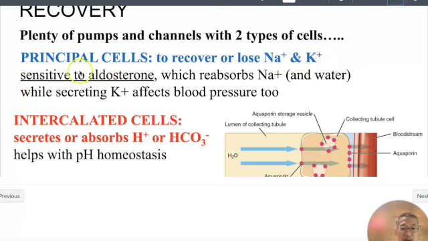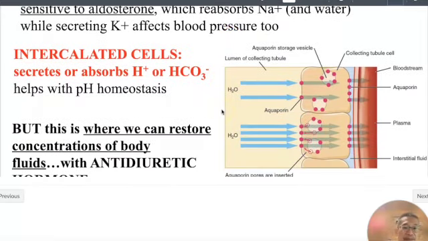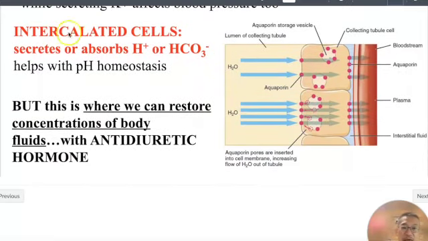Remember, aldosterone is the hormone that affects blood pressure, which reabsorbs more sodium, and then water and chlorine will follow. At the same time, when sodium is reabsorbed, potassium is secreted. The intercalated cells will secrete or absorb hydrogen ion and bicarbonate to help the pH.